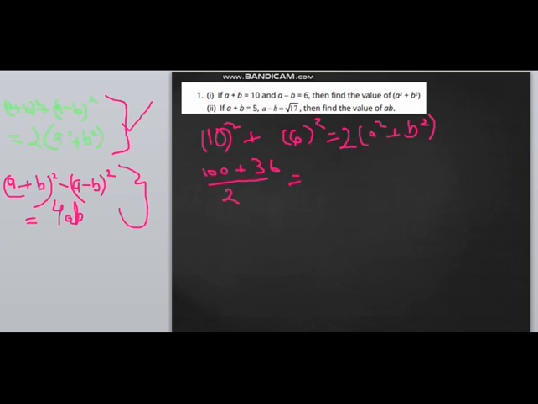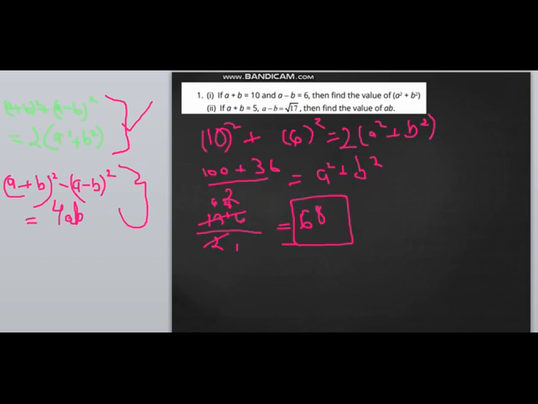And then we have a squared plus b squared isolated. 100 plus 36 is 136. 2 1 times and 2 6 times 12 and 2 8 times 16. So it is 68. This is the answer to part 1.